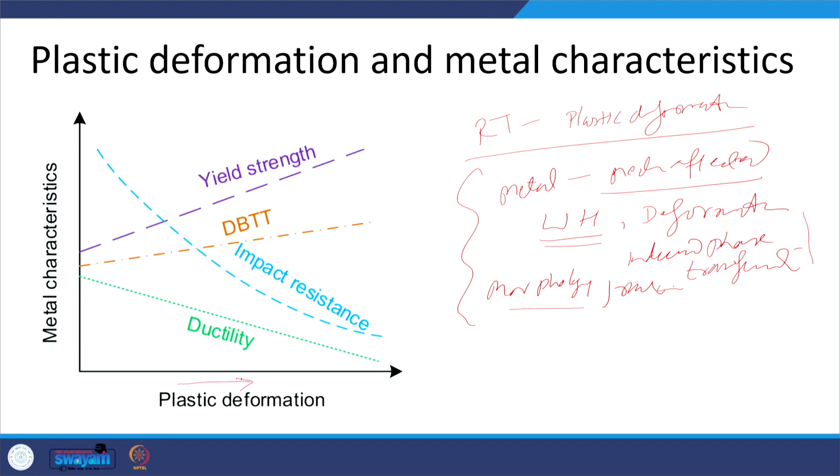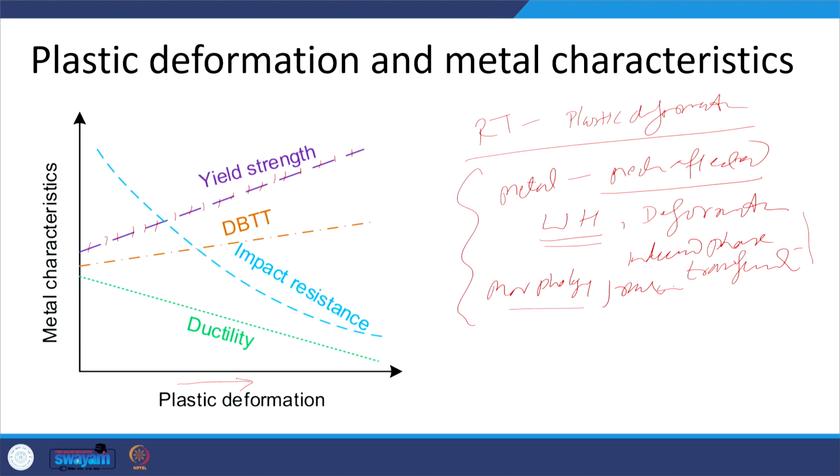Increasing plastic deformation increases the yield strength. This can be attributed to multiple factors, including work hardening or the deformation induced phase transformation if it is occurring depending upon the kind of metal, and then the grain refinement, or the change in the grain morphology due to the plastic deformation.